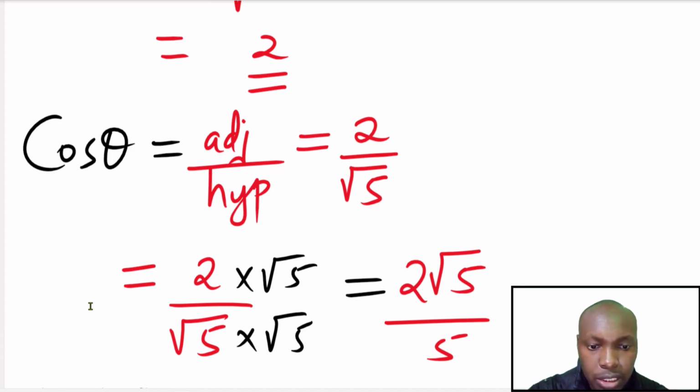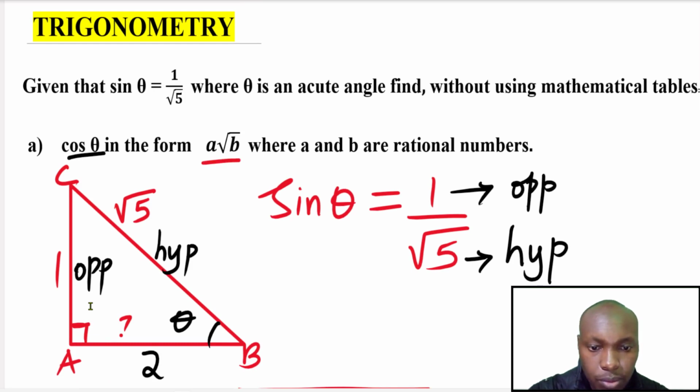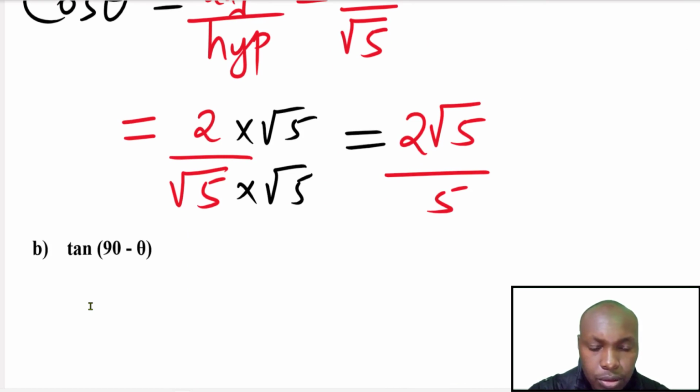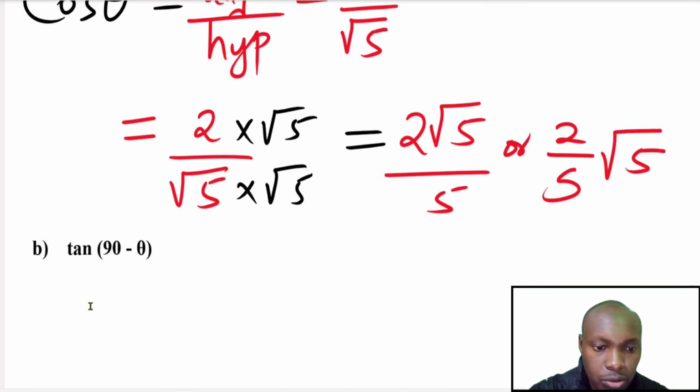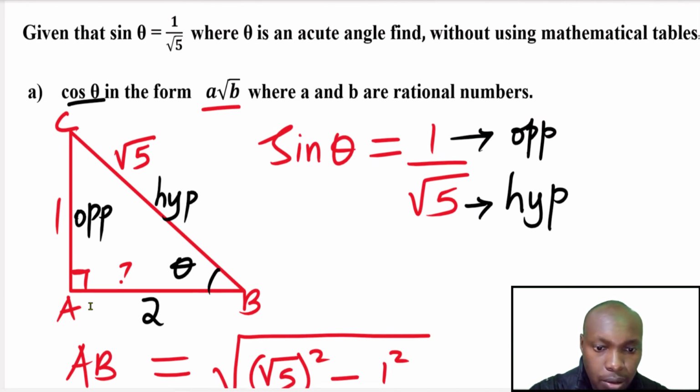So we rationalize the denominator in order to get the answer in the form a root b. You can leave the answer like that, or you can simply write it as 2 over 5 root 5, where 2 over 5 represents a, and 5 represents b, the number under the root. So that is now in the form a root b.